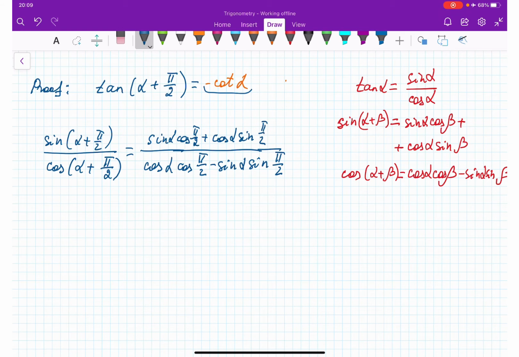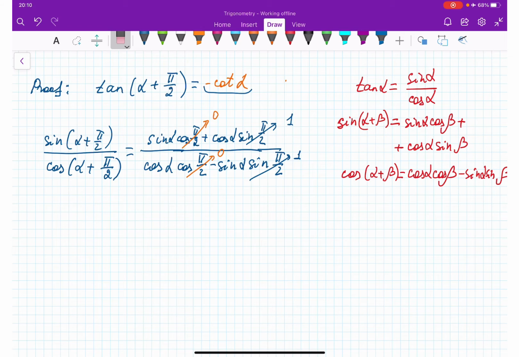So what do we get? Cosine half a pi is 0, right? Here also cosine half a pi is 0, and we are getting 0 plus cosine alpha, and sine half a pi, by the way, is 1. Sine half a pi is 1.